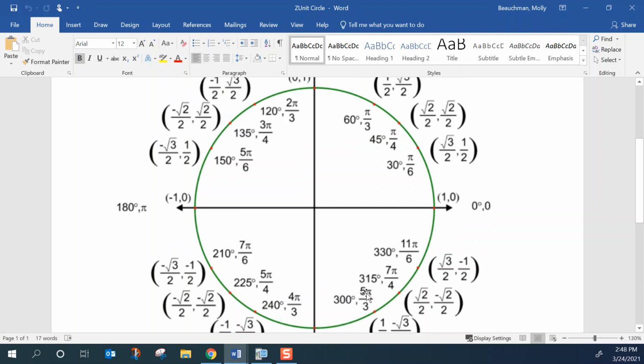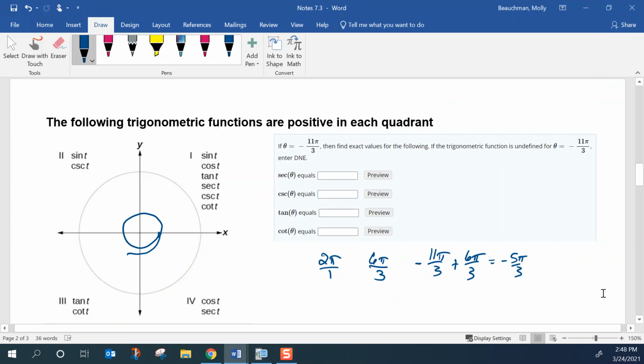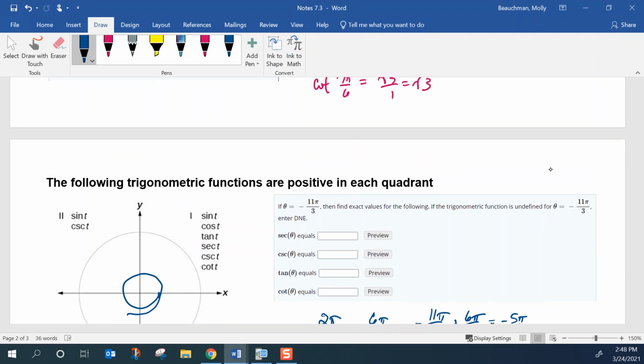If I'm rotating negative instead of positive, then I'm going around this far and then another 5 pi over 3, which means I'm not going to land at 5 pi over 3, I'm going to land up here at pi over 3. So negative 11 pi over 3 is coterminal with pi over 3.